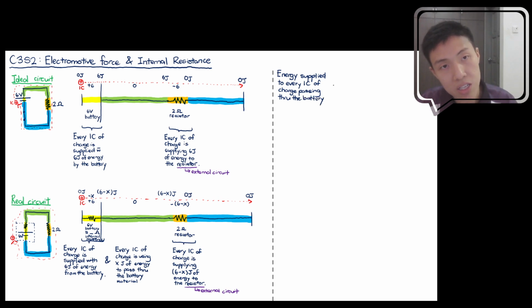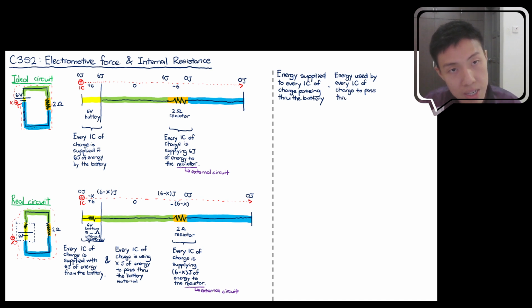If you take the energy, we minus out the energy used by every 1 coulomb of charge to pass through the battery material.